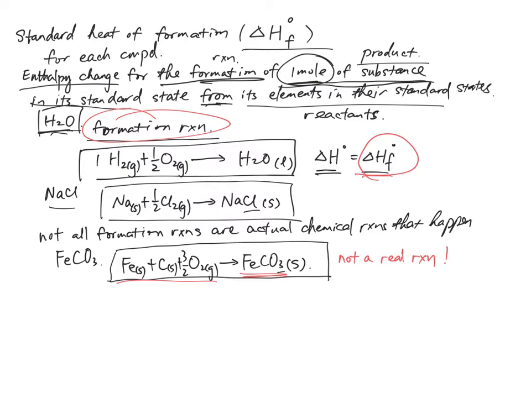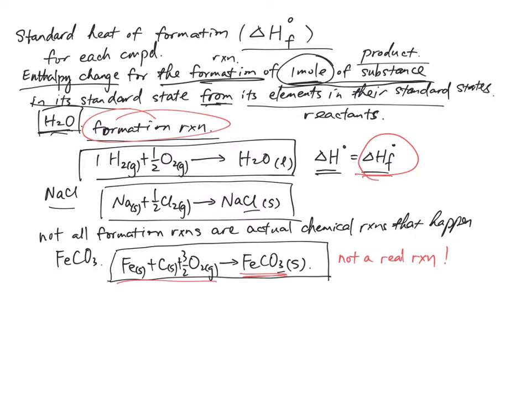Because this is going to make your life much, much easier in calculating delta H of a new reaction that you created. What do you mean? Remember, delta H is a state function, and we already talked about Hess's law, which essentially says it doesn't matter how you get from the reactants to products.